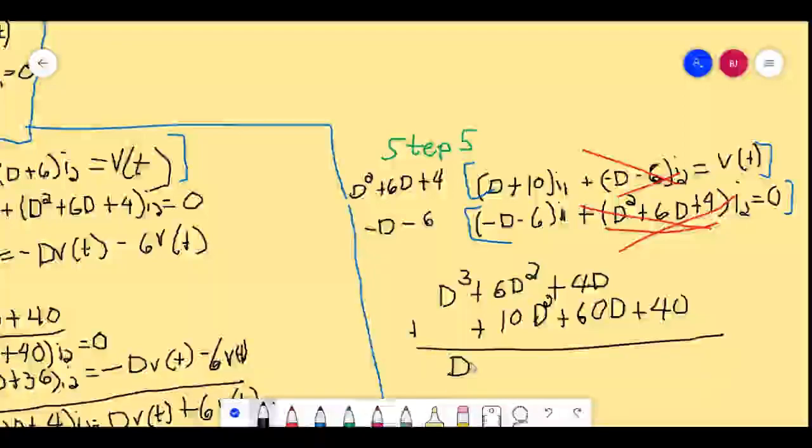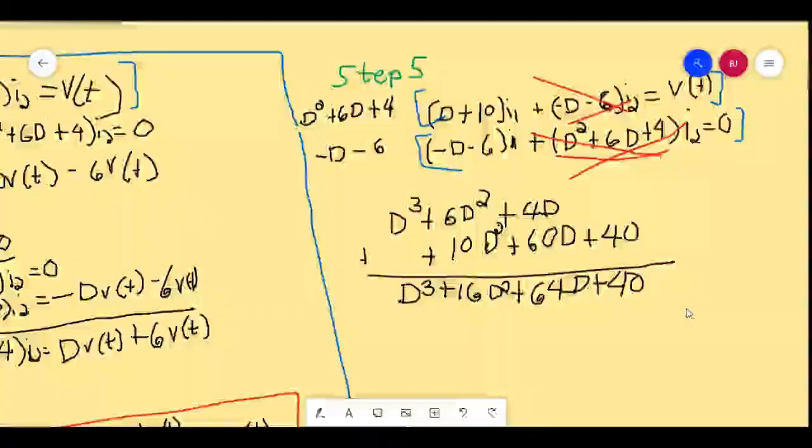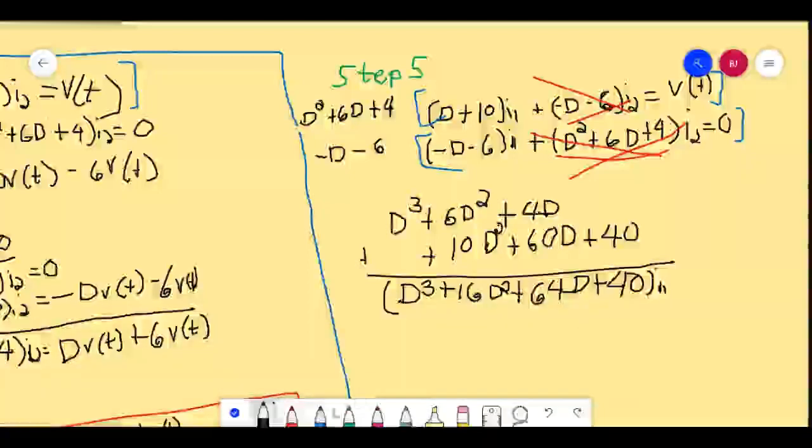We add those up. We get d cubed plus 16d squared plus 64d plus 40. And that is the one multiplied by I1.